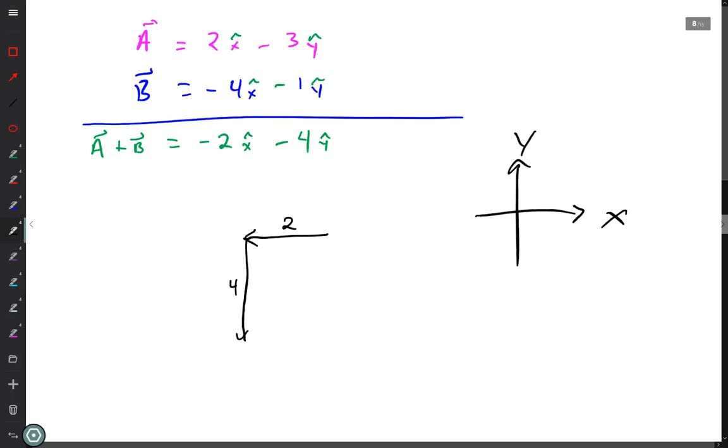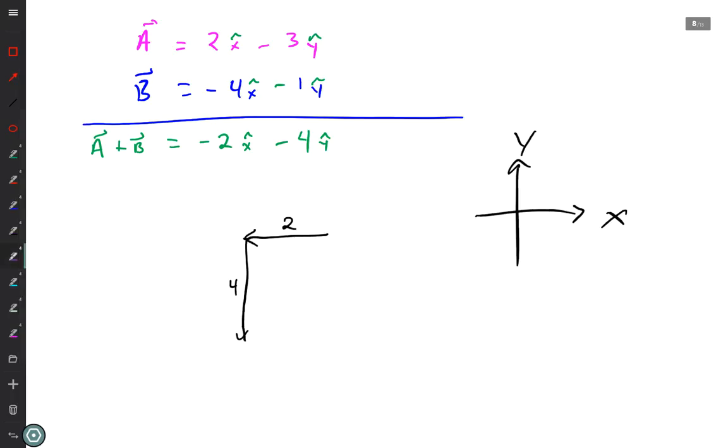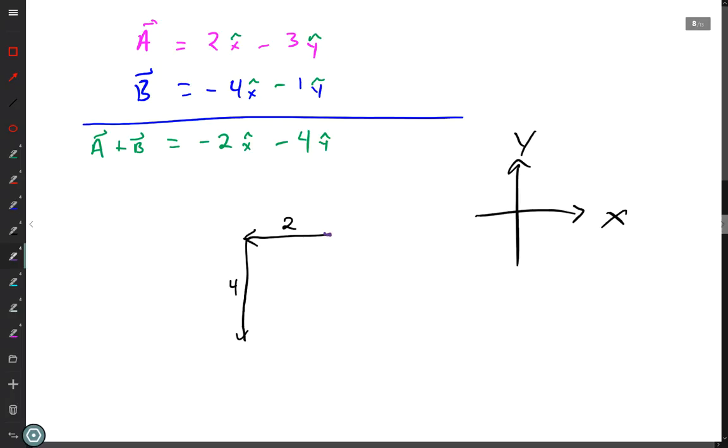So my resultant goes, where's my resultant go from and to? From where, Keela? Where do I start for my resultant? Okay, the origin, where I started here. And where does it end? The end of the second one.